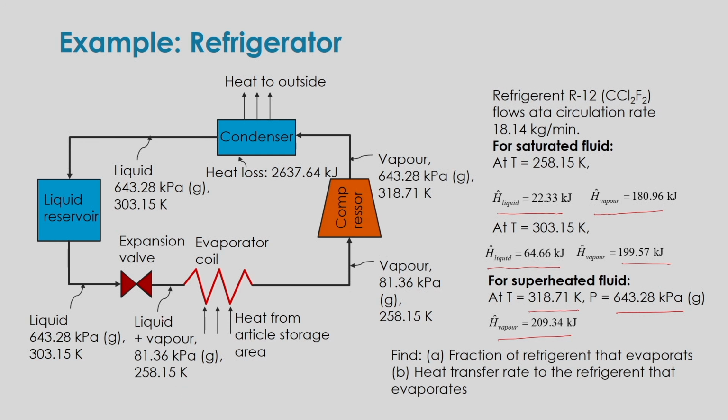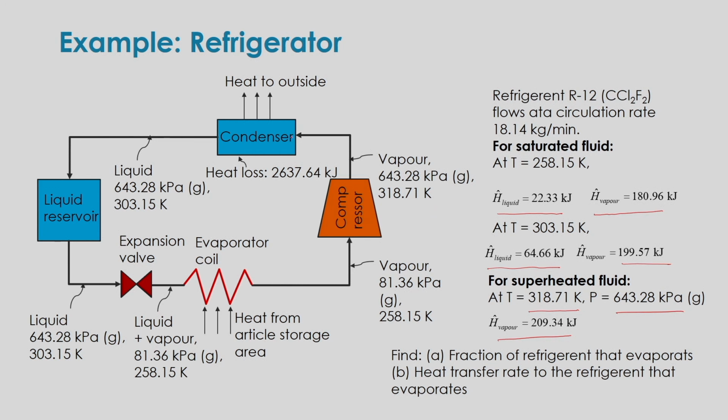Here the refrigerant will be in vapor form, and then it goes through the evaporator coil, where heat is supplied, and this liquid and vapor is superheated at a pressure of 81.36 kilopascal and a temperature of 258.15 K. It goes through the compressor, where the outlet has the refrigerant vapor at a pressure of 643.28 kilopascal, but the temperature is higher than the inlet temperature, at 318.71 Kelvin.